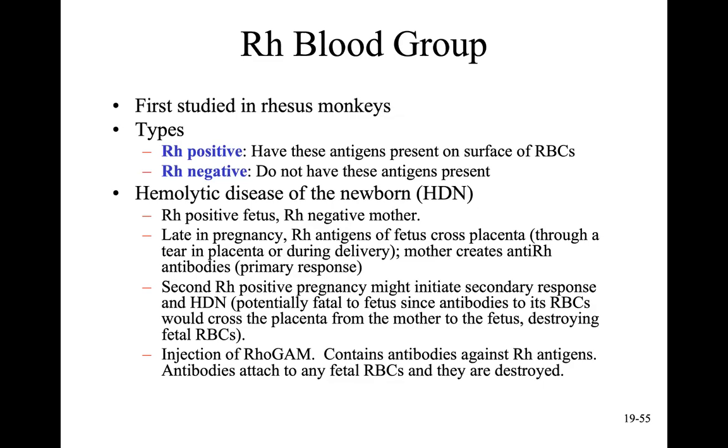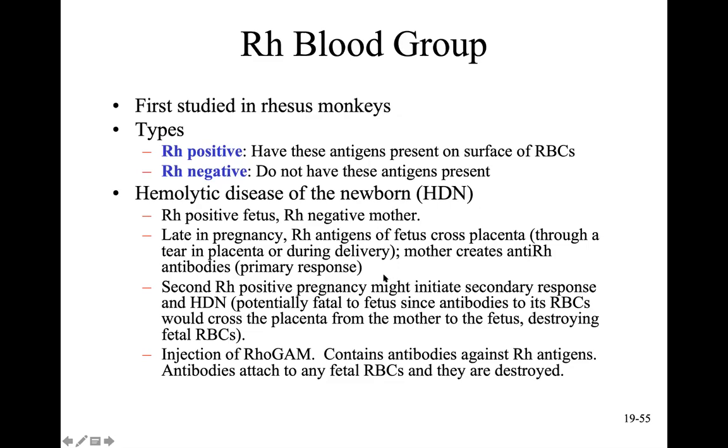But let's say Rh negative mom, Rh positive baby, first baby, nothing happens. Because nothing happens, we give normal vaginal delivery, and now there's mixing of blood with that delivery. A little bit of baby's blood is introduced into mom's bloodstream. What happens? At that point, mom starts making antibodies to that Rh positive blood, right?